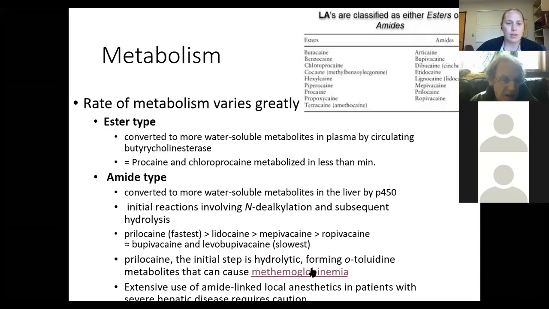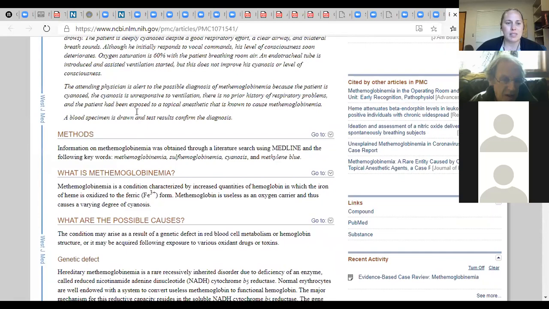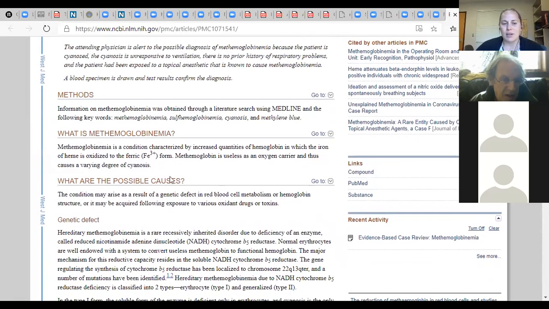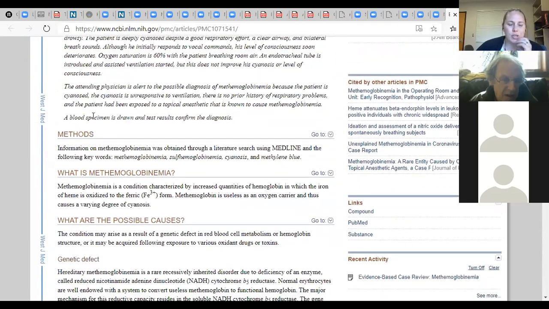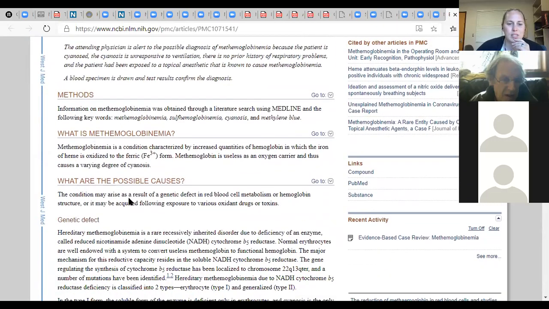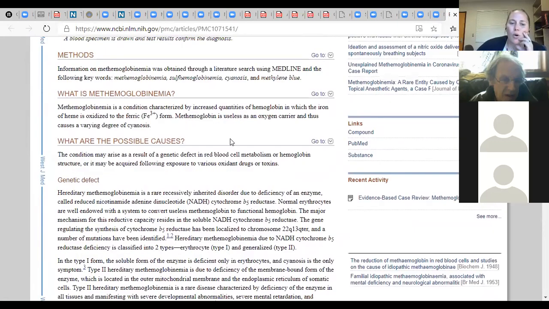If you are in fact interested in learning more about this particular disease state, you can see here this PubMed description of this particular disease. This is a genetic defect in the red blood cell metabolism of hemoglobin. And so this is, again, just an extension upon what we have been talking about.